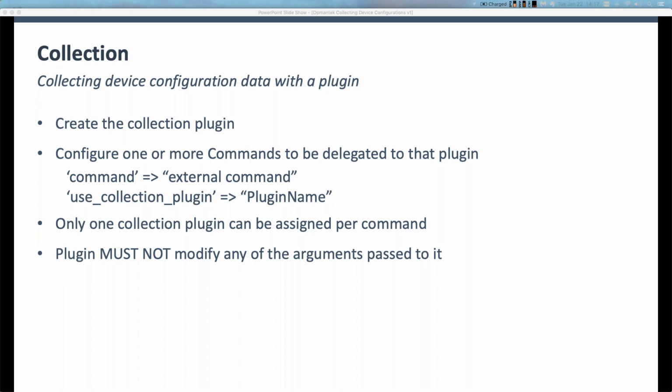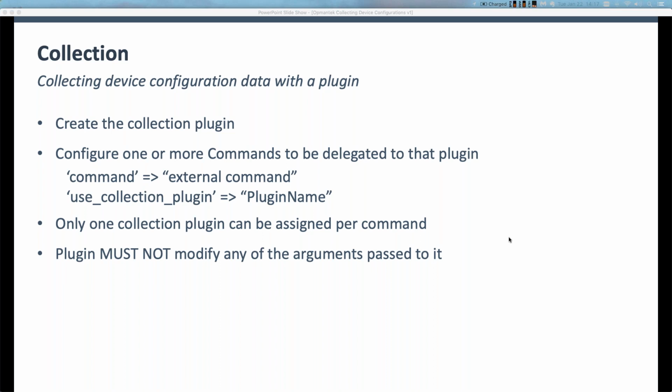It's important to note that only one collection plugin can be assigned per command. You'll notice in a moment when we start talking about transformation commands that you can chain them together with a comma separation. That's only possible when you're using transformation or filtering commands, when you're actually processing the data from a command. But a collection command, you can only run one per command.